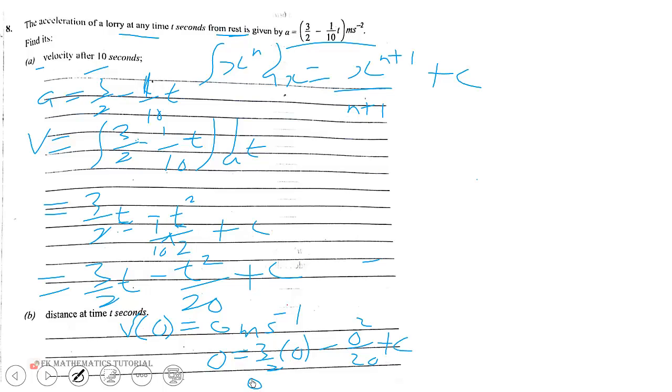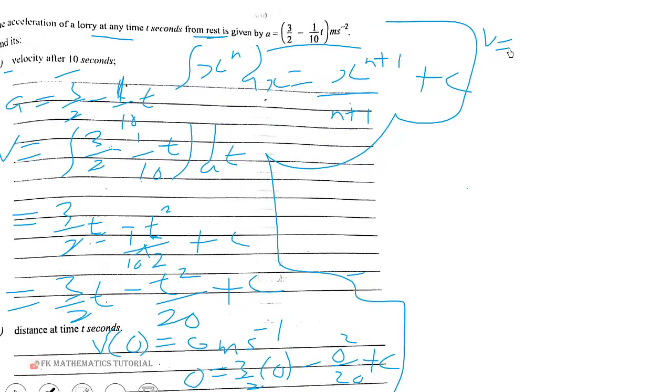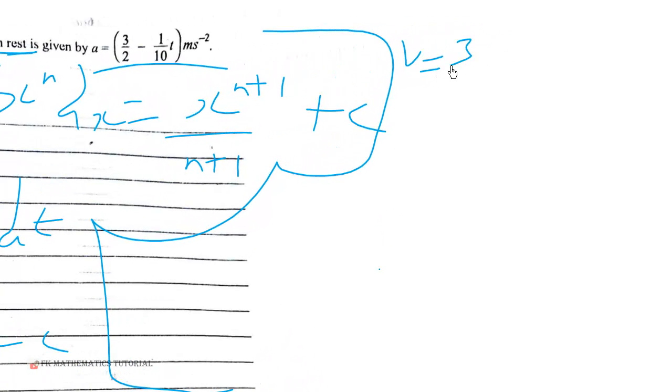So that will give us 0 is equal to c. So we put it back into the velocity to get the velocity is equal to 3 over 2 t minus t squared over 20 meters per second. So that is the velocity function in terms of t.